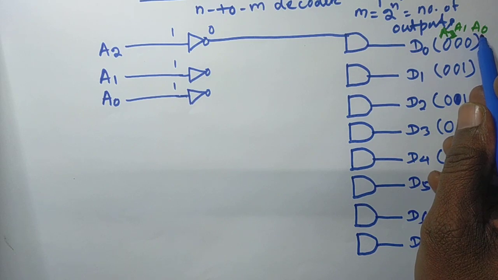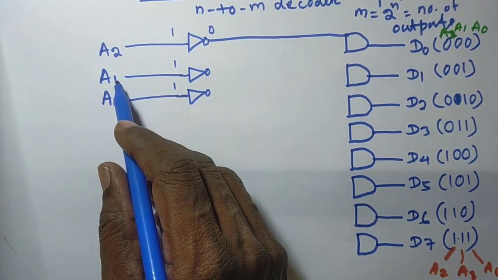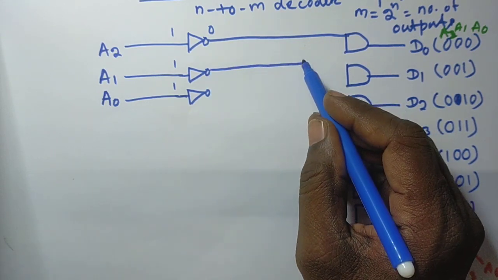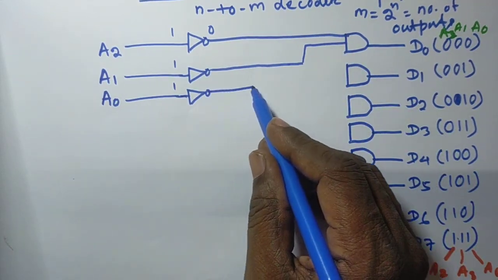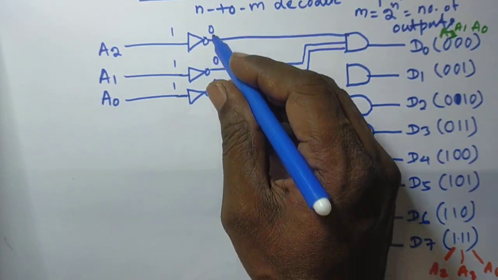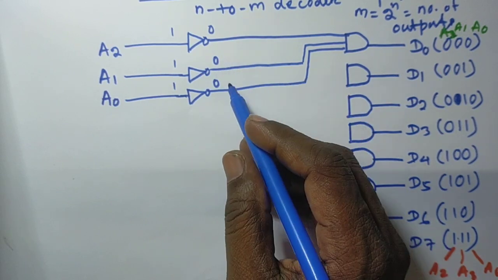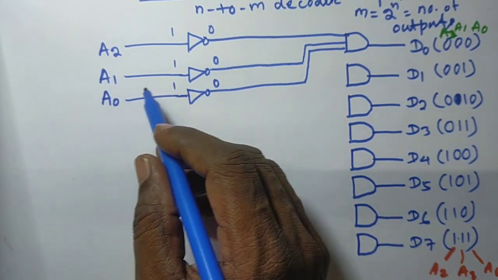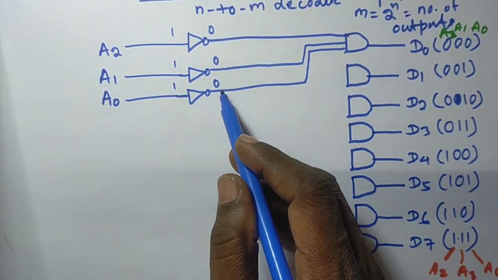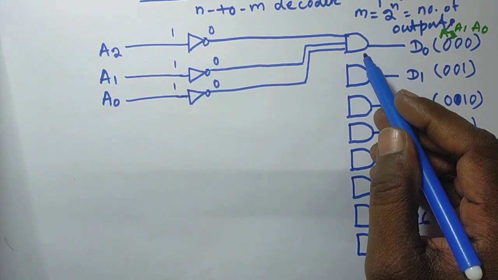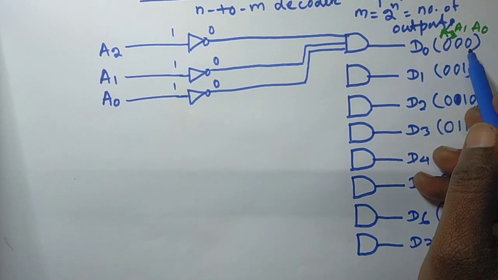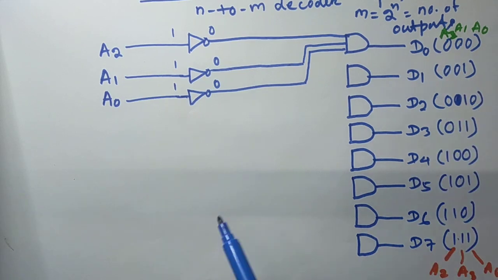Similarly A1 and A0 will be 0. So three 0 inputs are received by the AND gate, which provides the output D0. So the output will be 000.